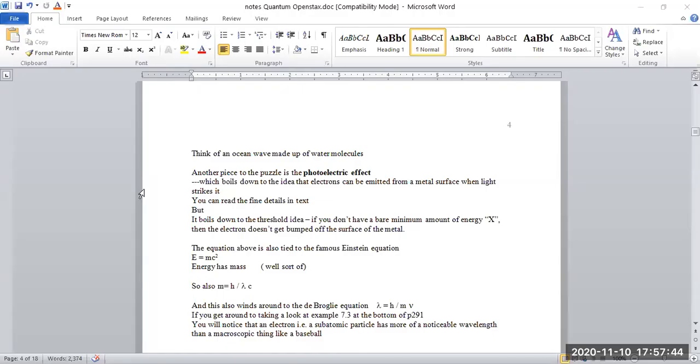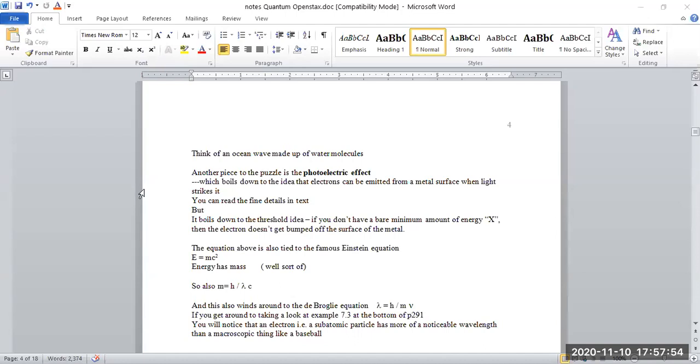On the other hand, if I hit it harder, basically more energy, yeah, I'll tip it over and spill my water. And the same kind of idea sort of plays in when we're talking about the photoelectric effect.